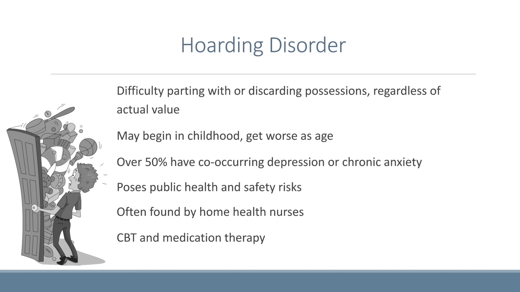So over 50% have co-occurring depression or chronic anxiety, and this can pose a public health and safety risk to others, whether it's a risk to themselves or it's a risk to emergency personnel coming into the home. It could be a fire hazard. This is often found by home health nurses.